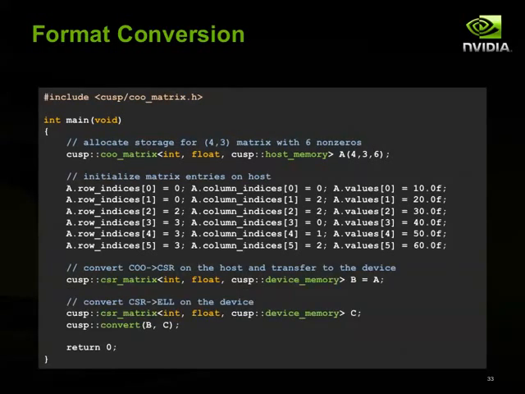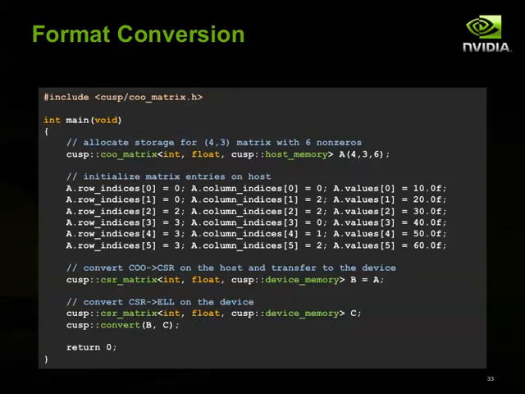Probably the most appealing part of this package is that Cusp will do the format conversions for you. So if you start with a coordinate format, fill out the entries yourself, you can convert that to a CSR format just in a single line. So this will do a conversion from the COO matrix up here to the CSR format here, and it'll actually automatically transfer it to the device at the same time.